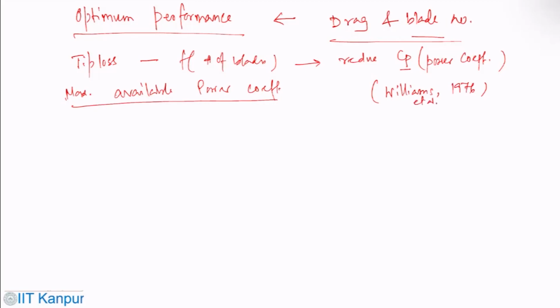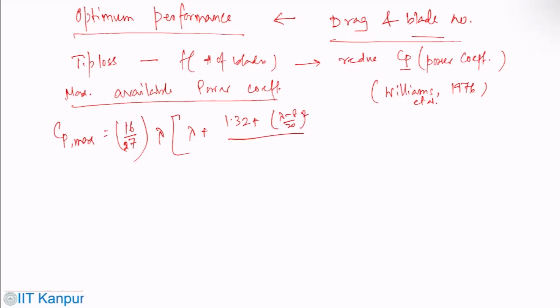So CP max one can have is 16 by 27 lambda, plus 1.32 plus lambda minus 8 by 20 whole square, by B to the power 2/3, minus 1 minus 0.57 lambda square CL by CD, lambda plus 1 by 2B.